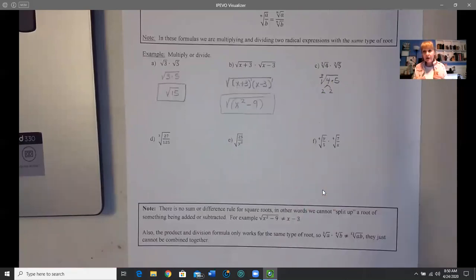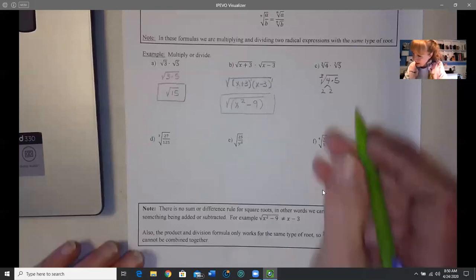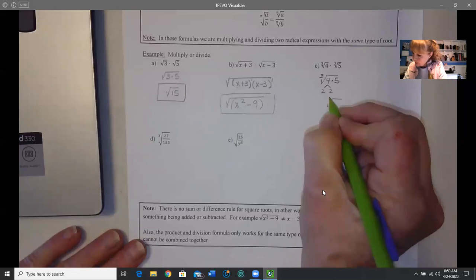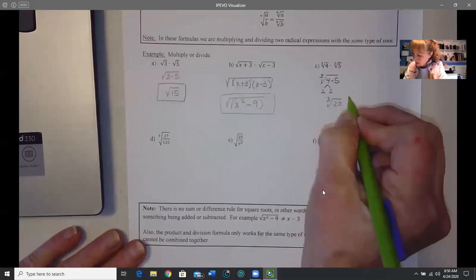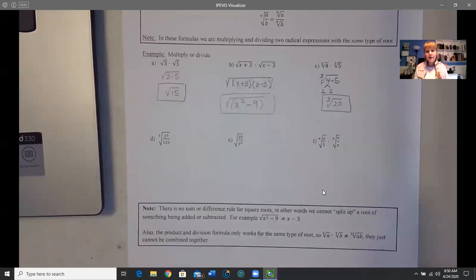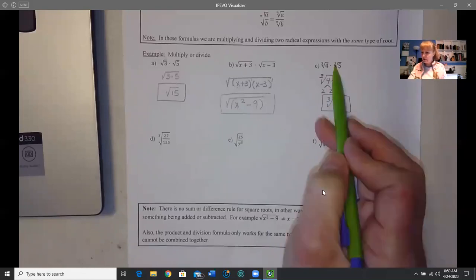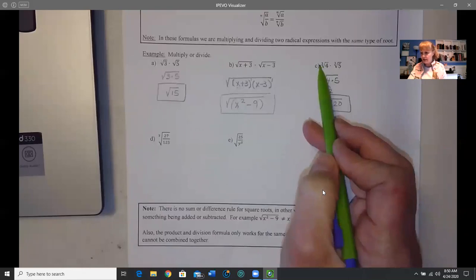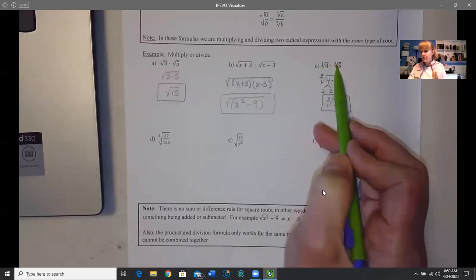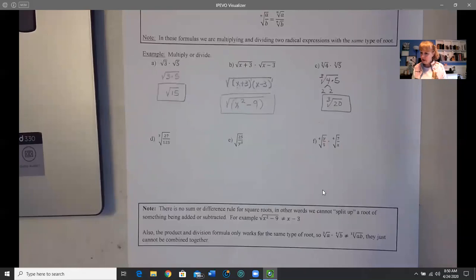So there's nothing you can do to reduce, which means we would just have the cube root of 20 as your answer. All right. So again, as long as these indices are the same, then you can multiply the radicands together. Otherwise, they have to stay separate, and we'll deal with that in our next section.